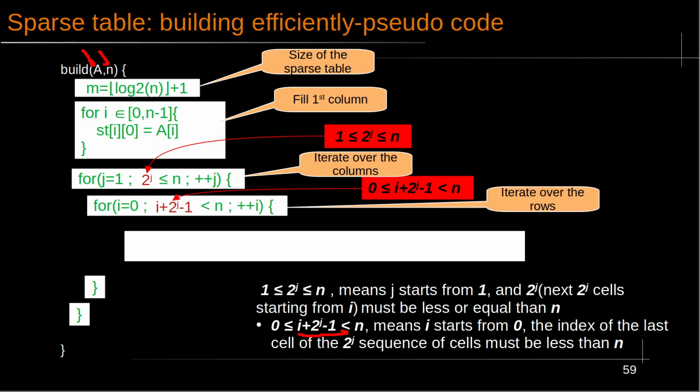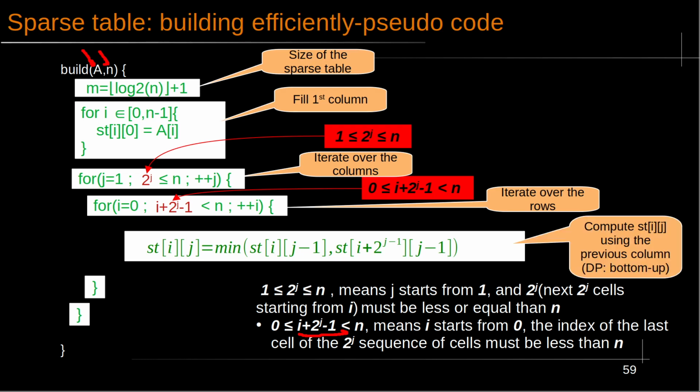And using dynamic programming, as we have seen, every time we're going to use the previous column to compute the minimum of the value of the current column. So we're going to compute st[i][j] using the previous column, using dynamic programming with the bottom-up approach.